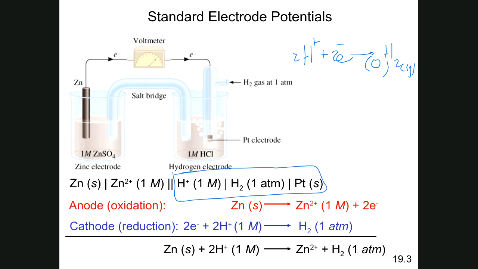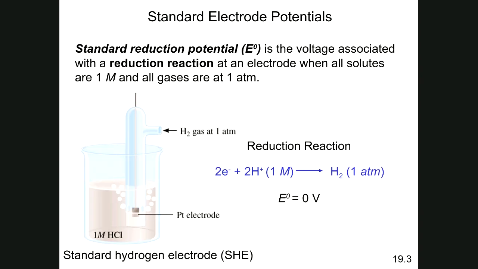So when we have the reduction of hydrogen as a reference, then for zinc going to zinc 2+ we can find out the cell potential or standard electropotential. So everything is compared to hydrogen.